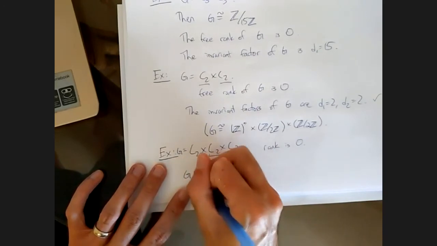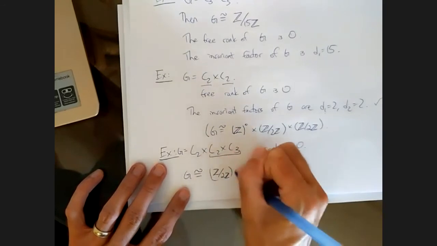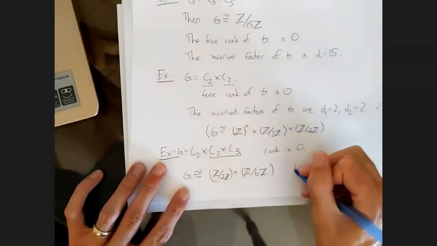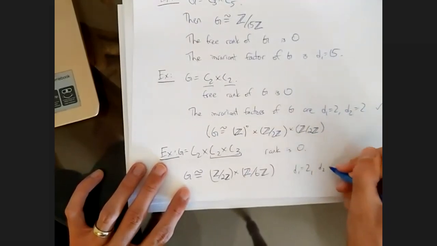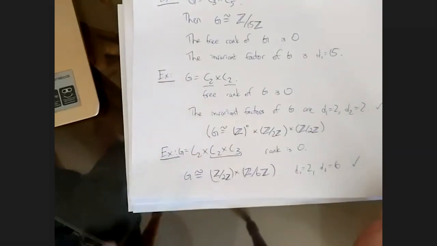So we have G isomorphic to Z mod 2Z times Z mod 6Z. So d1 equals 2, d2 equals 6, and here we have 2 dividing 6, so that's what we want.